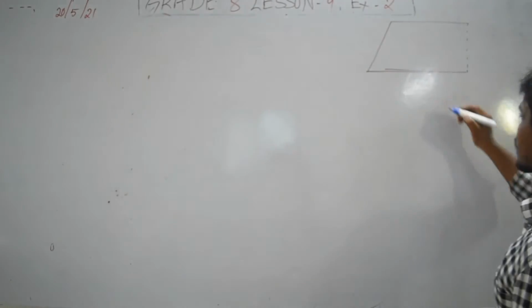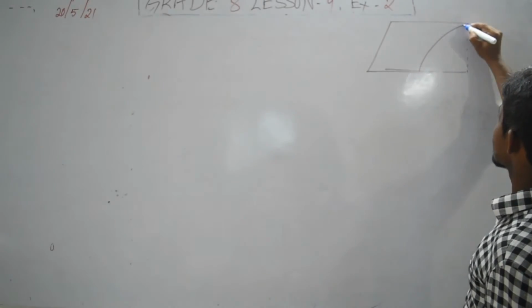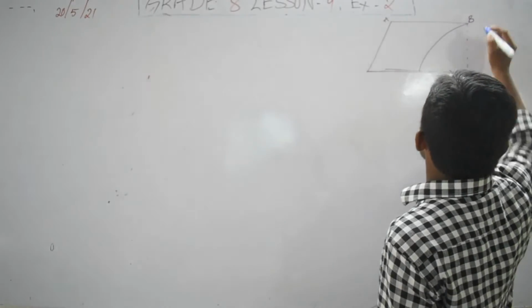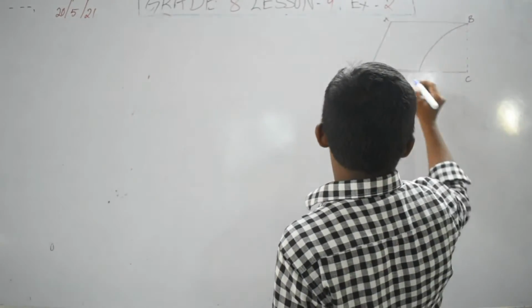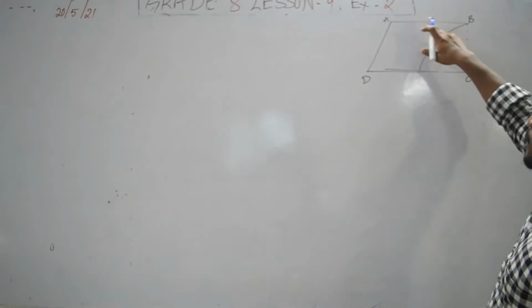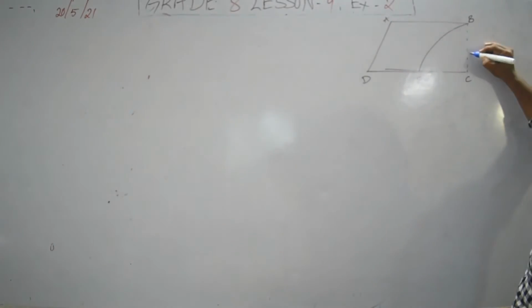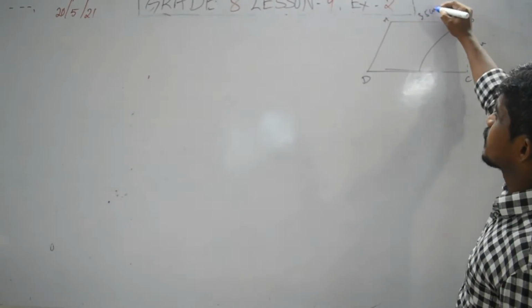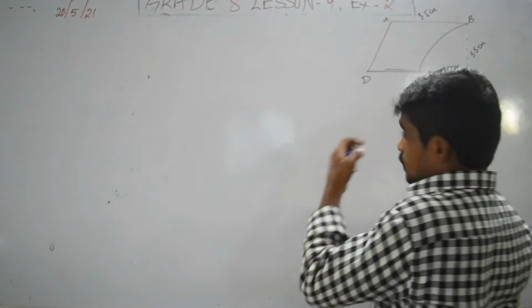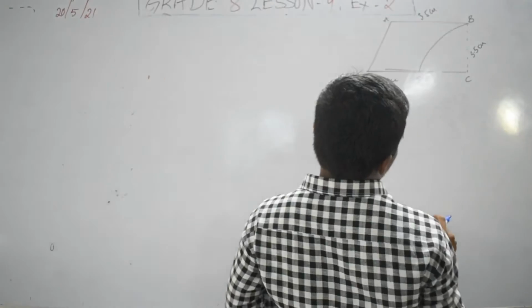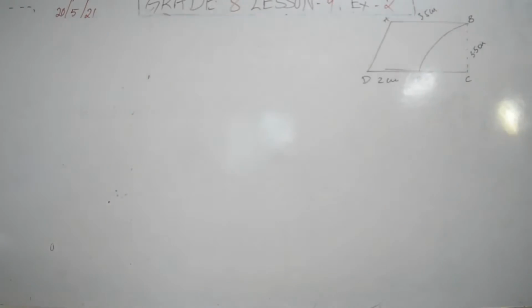Here, see, they are asking about A, B, C, D, E. Here AB equals BC, 3.5 centimeters, 3.5 centimeters. Next, DE is 2.2 centimeters. EC here is given as 3.5 centimeters.